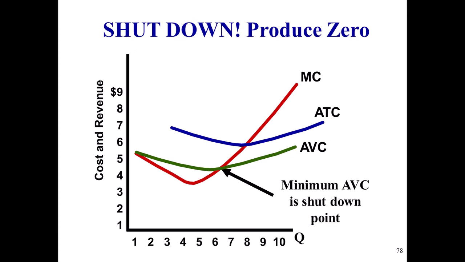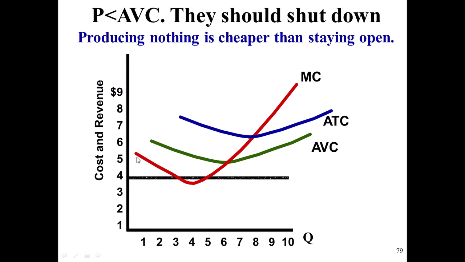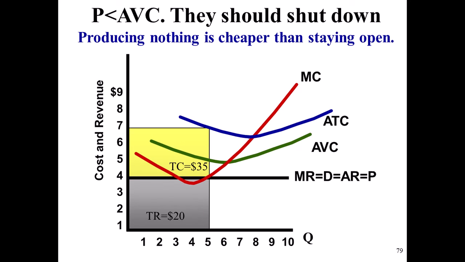What if it goes down even further? Let's say the price goes down to 4. You now notice that at our profit maximizing quantity, which is 5, the price is lower than our average variable cost. If you remember, that is the shutdown rule. This firm should shut down to minimize its losses, because if it produces 5 units, it has a total cost of 35 and a total revenue of 20. It's losing $15.